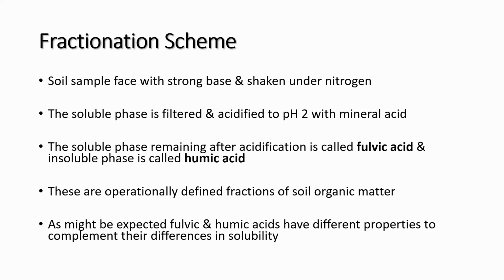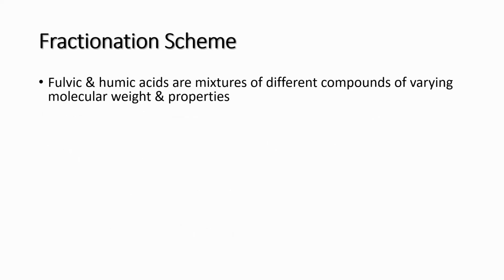So the very soluble part, fulvic acid, will dissolve a specific type of compounds in the soil which are soluble in it, while humic acid will precipitate with some other chemicals and will not be solubilized. Fulvic and humic acids are mixtures of different compounds of varying molecular weight and properties.